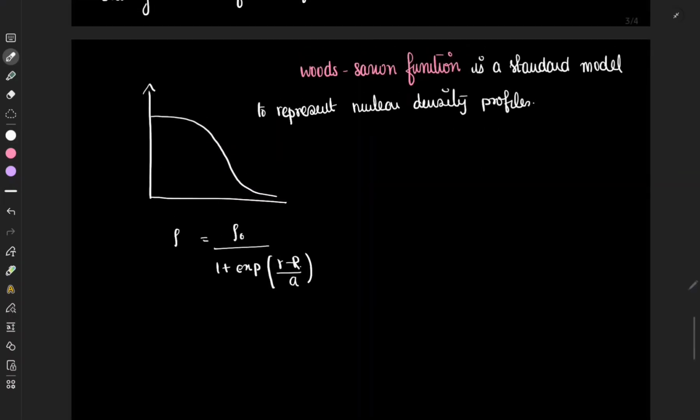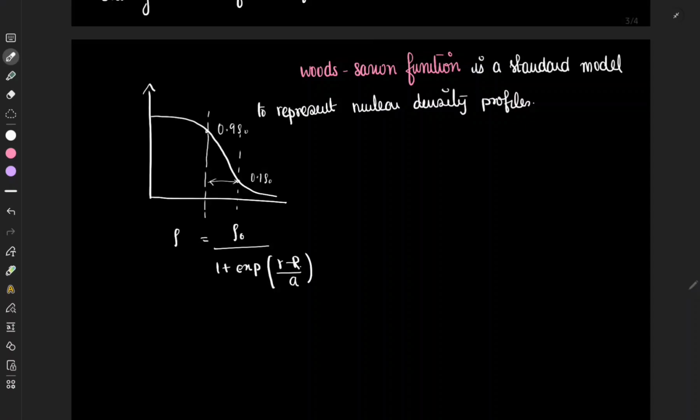Now let me consider two points here. Let's say this is 0.9 rho naught, and here 0.1 rho naught, and the distance between these measures the steepness, how fast it falls from the highest value to the smallest value.